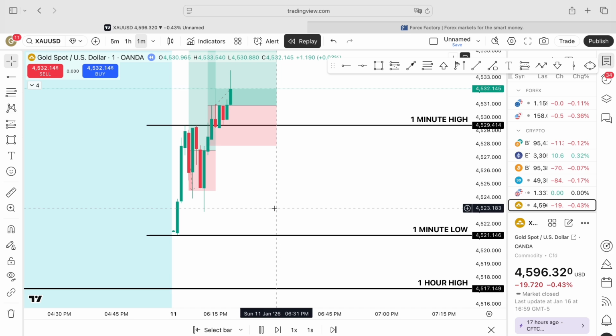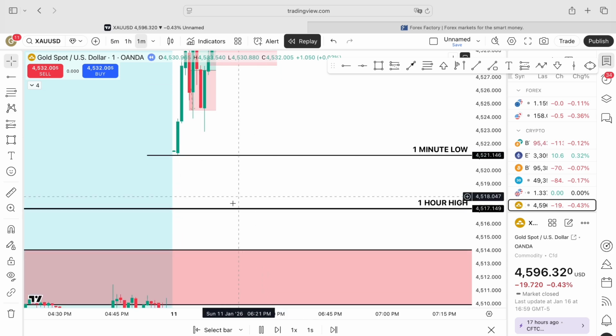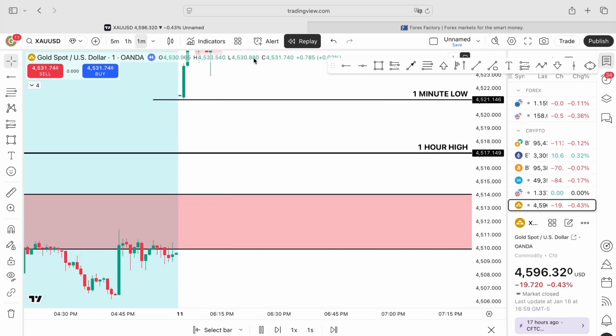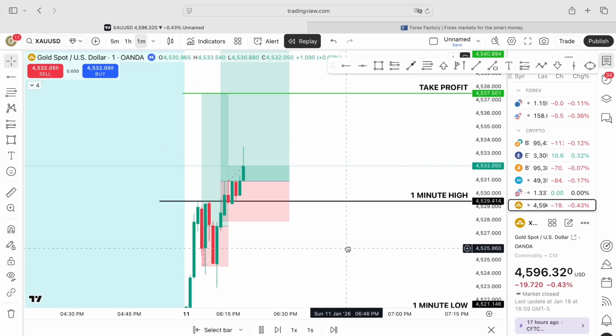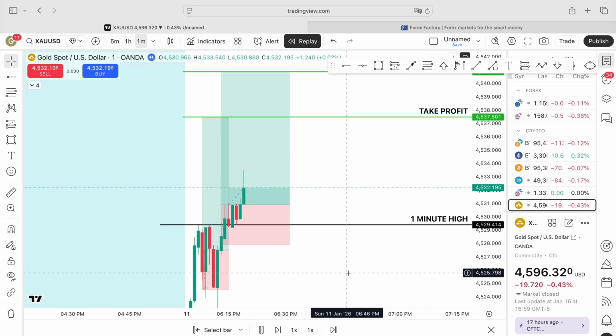So obviously it took a lot of momentum to push price up from here to all the way up here, right? Nice, strong little push. So we're just catching basically all the action that was happening over the weekend, right? And it's obviously showing that a lot of people were buying gold over the weekend or investing in gold.